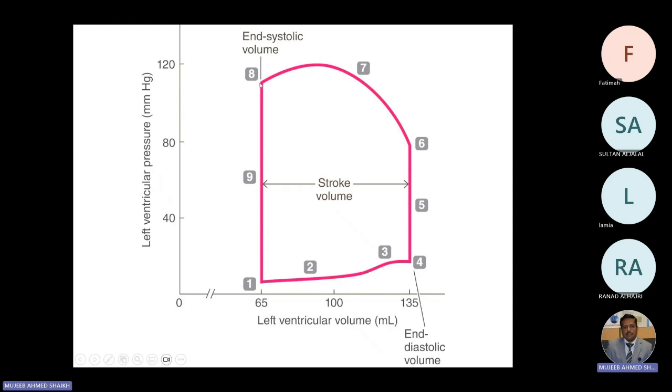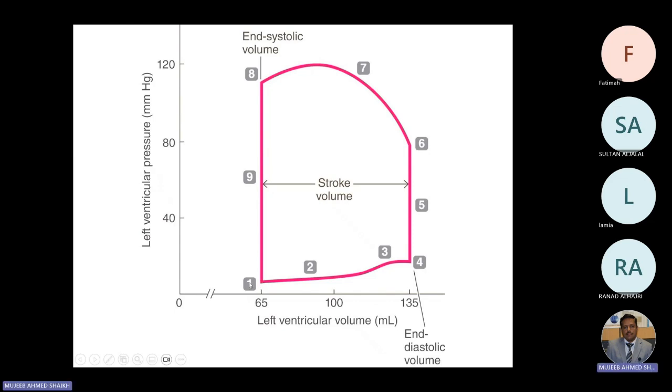So both valves are closed, and the ventricle goes into relaxation, but this time it is isovolumetric relaxation. Pressure sharply decreases from around 120 to around 5 or 10 millimeter of mercury.